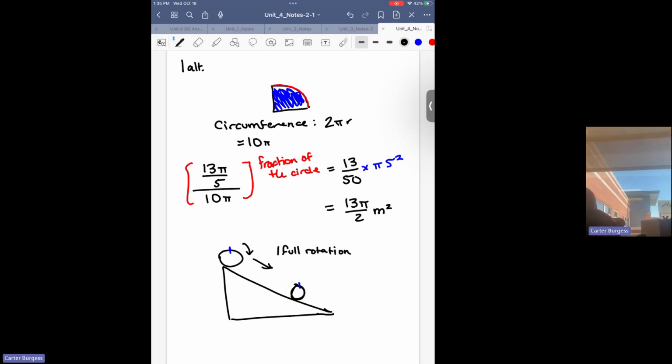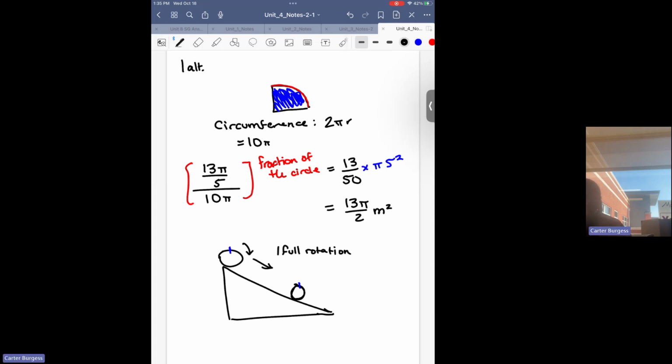In terms of our wheel, my question for you all is, how far would we have to have traveled in order to go from start to back where we are again? In order for us to fully rotate, what is this horizontal or this diagonal distance, whatever the case may be? How far would we have to move in this linear way in order for us to fully rotate?